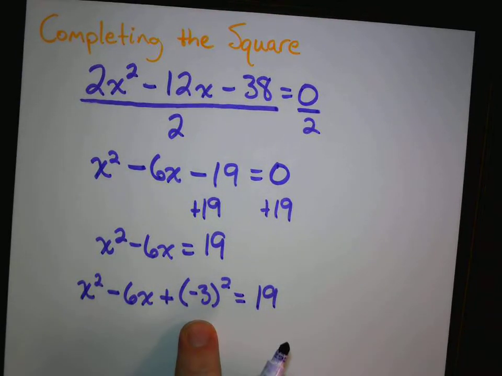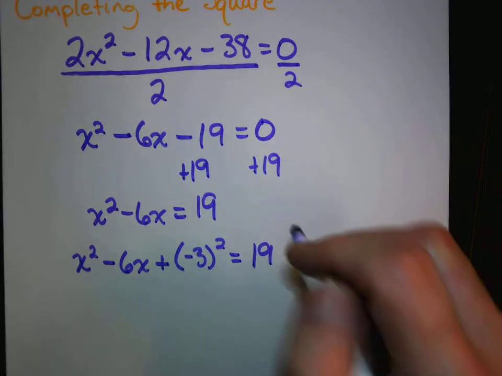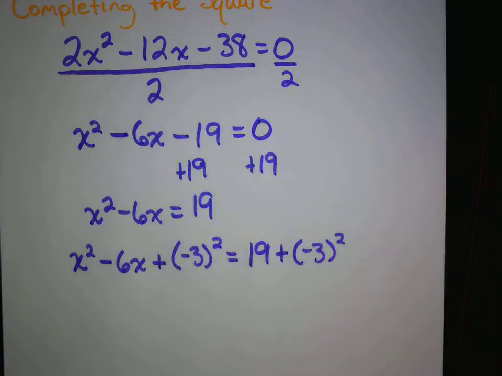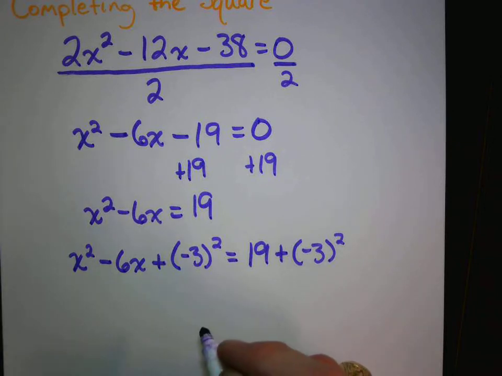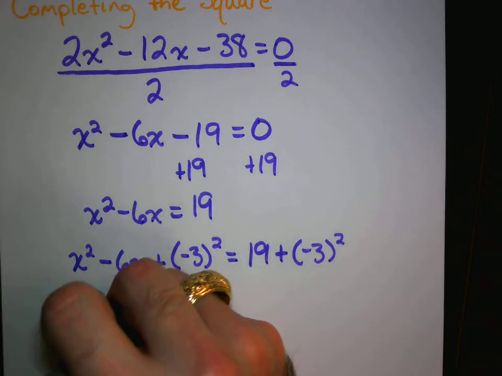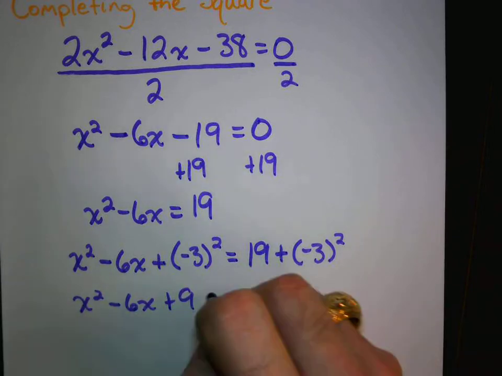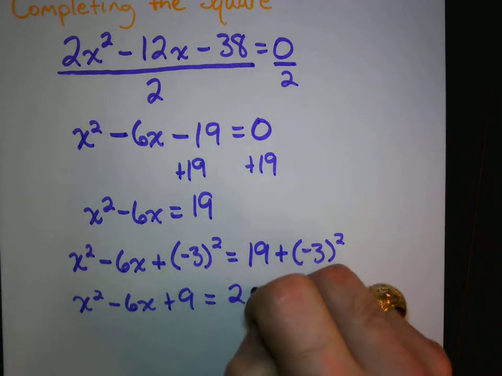So since I added on the left, I'm going to add it on the right as well. Negative 3 squared, of course, is positive 9. So I add positive 9 to both sides, and I get x squared minus 6x plus 9 equals 28.